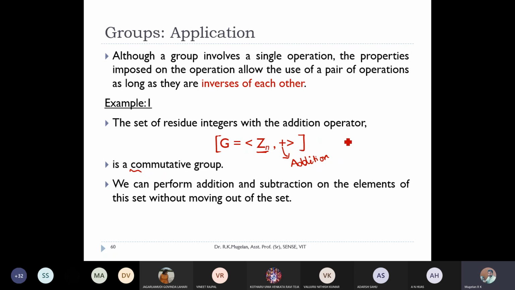Because assume that you have Z6 sets. If you take any elements 0, 1, 2 up to 5, for example 3 and 5, and addition is the operation, 3 plus 5 will be equal to 5 plus 3. So it is commutative, right?